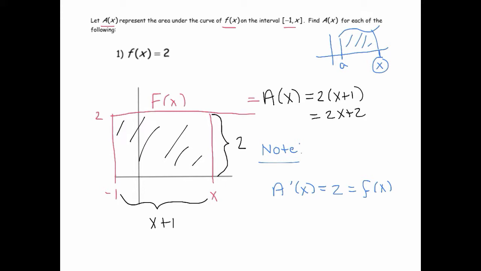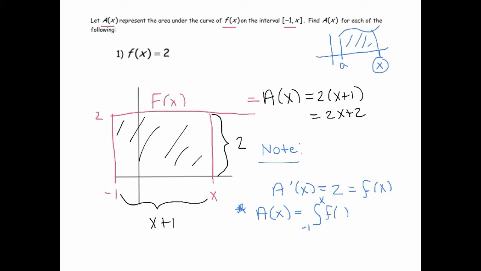So I can write A of x as an integral from -1 to x. I'm going to say A of x, well, that's just an integral, right? It's a function that represents an integral. The upper limit of integration is the variable, and it's under the curve f of x.